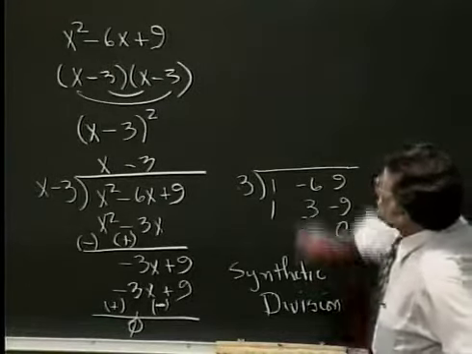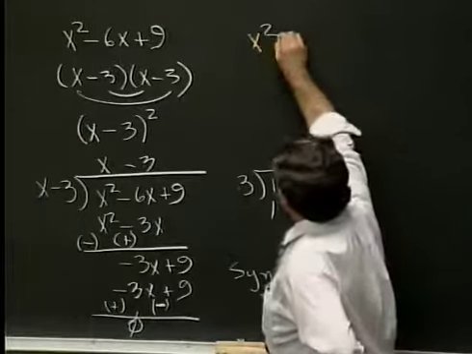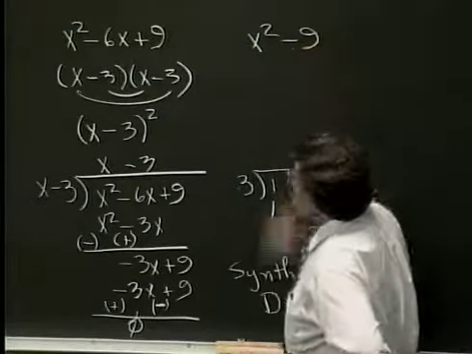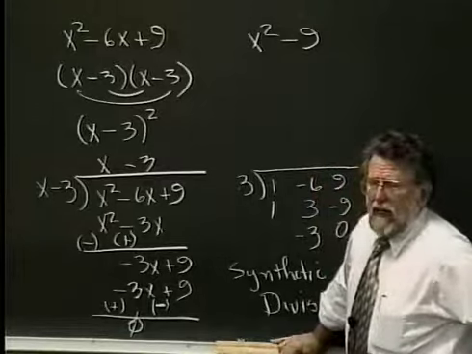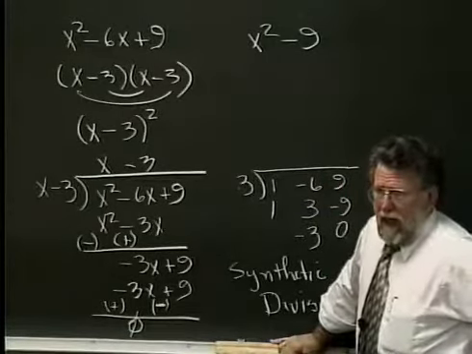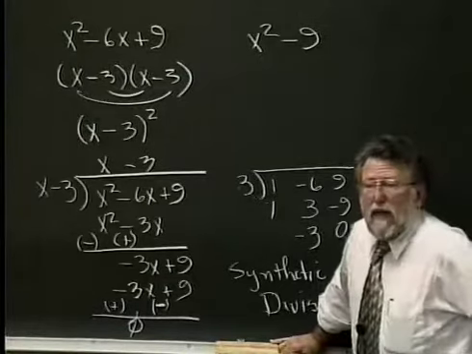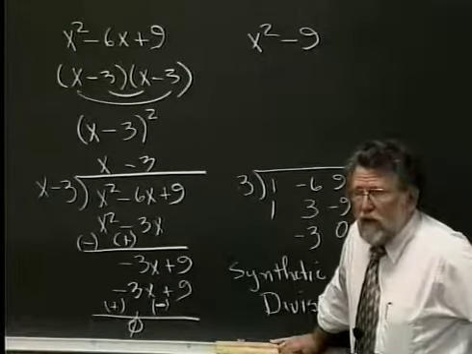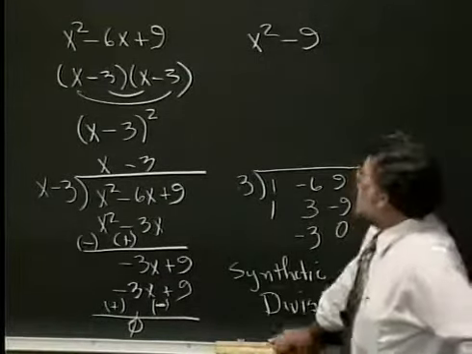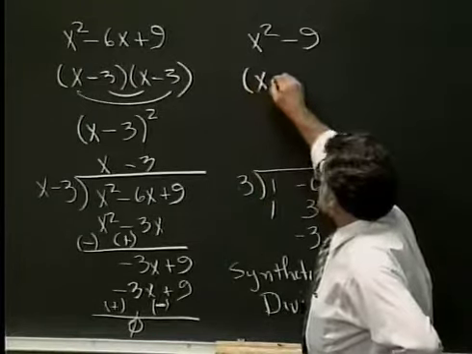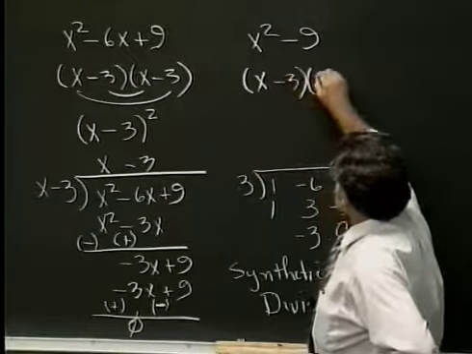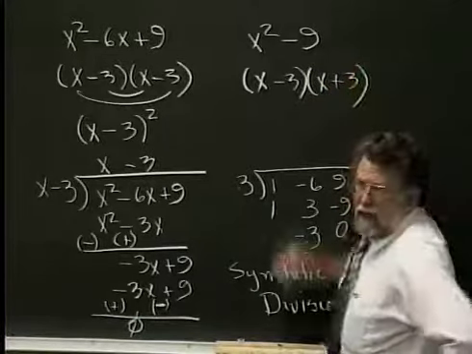If I look at something like x squared minus 9, and I want to write it as a product of linear factors, then I'm expecting, again, you recognize this is the difference of 2 perfect squares, and you have to, at some point, remember that that came from this kind of product.